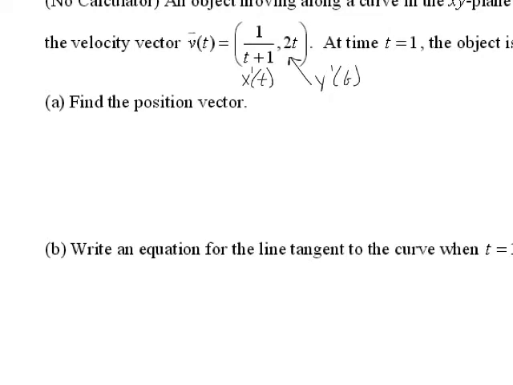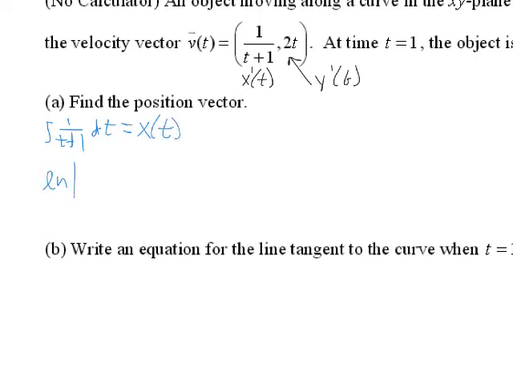And we should be able to answer some very similar questions. Find the position vector. Well, they give us x prime, so if we take the integral of x prime, we should be able to find what x of t is. And the integral of that, let's see, that's a natural log.